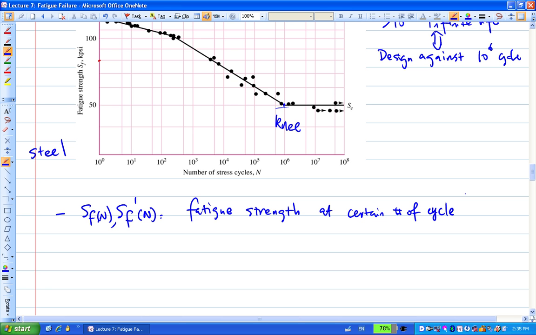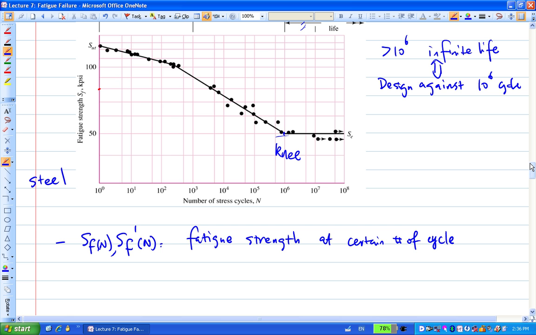So let's say, for example, I look at this figure here. Here's the experiment data you obtained from a different trial, and then you ask, what is the fatigue strength at this value here? Let's say at 10 to the power of 4 number of cycles, and you draw it out here.